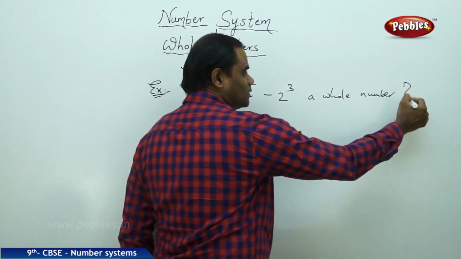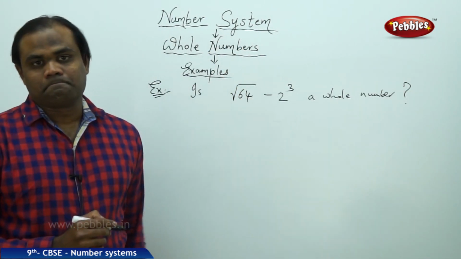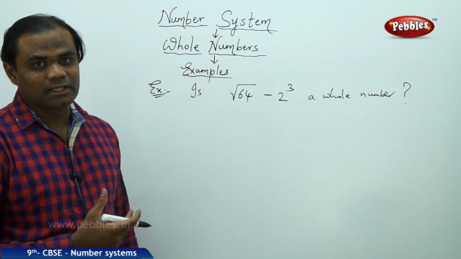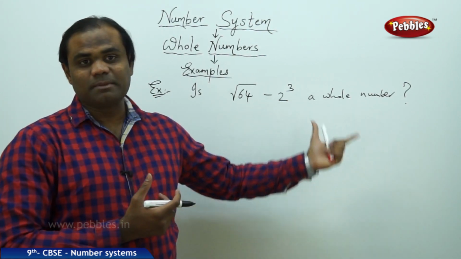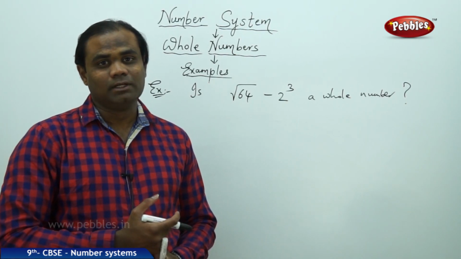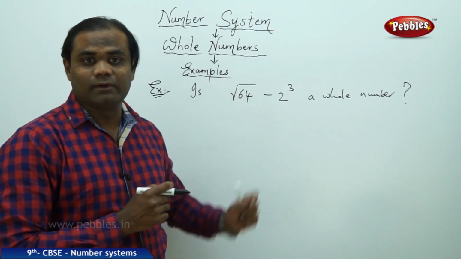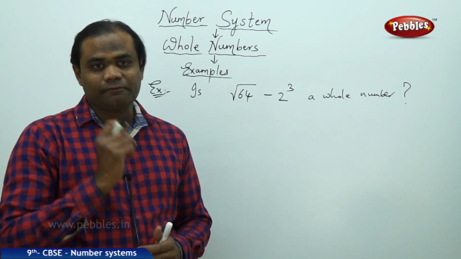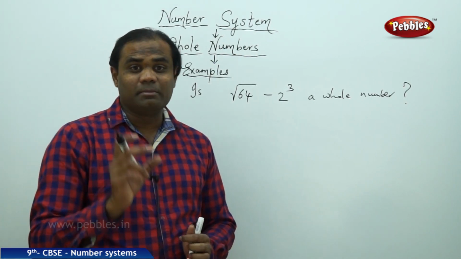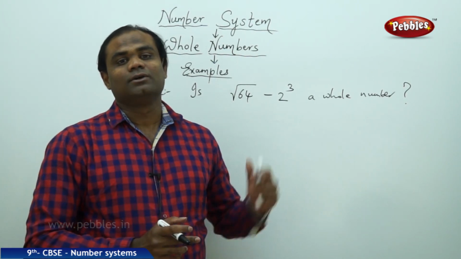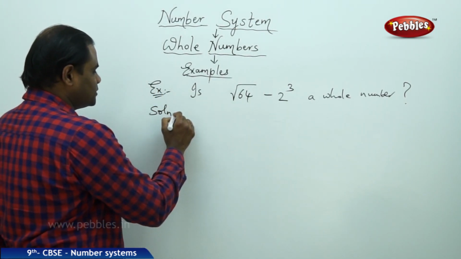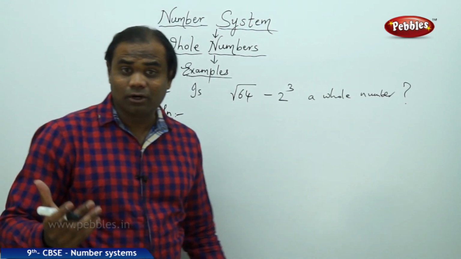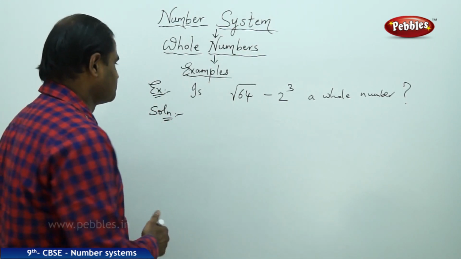So for this, let's justify whether it is a whole number or not by first simplifying the given number, because every number being justified demands the most simplified form. So let's simplify further and then justify whether this number is a whole number or not.